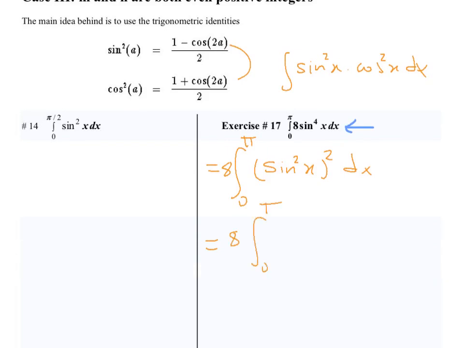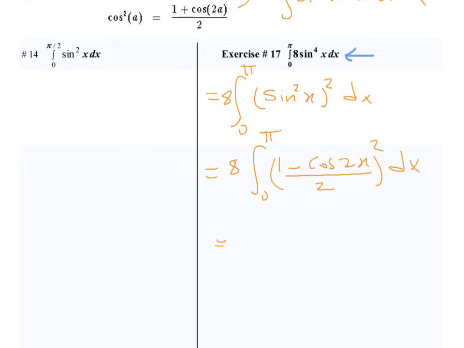So sine square is equal to 1 minus cosine 2x divided by 2, squared. This 2 squared, which is 4, will come out as 4. You can square the bracket, so it will become 1 minus 2 cosine 2x plus cosine square 2x dx.